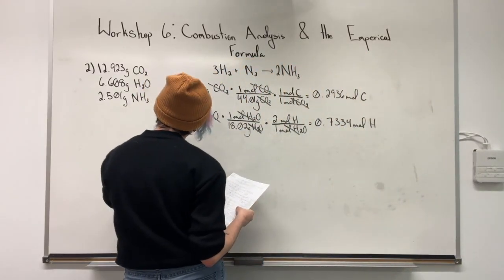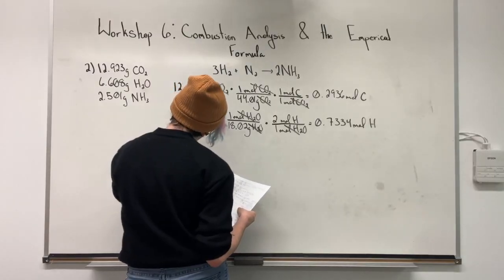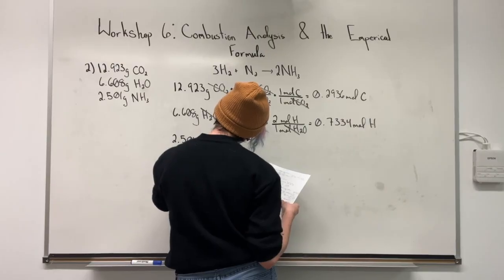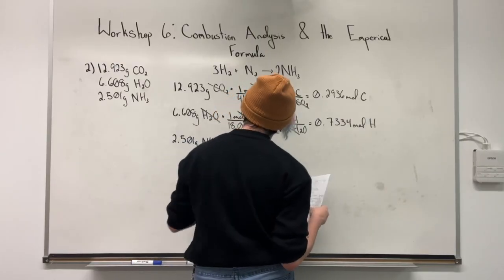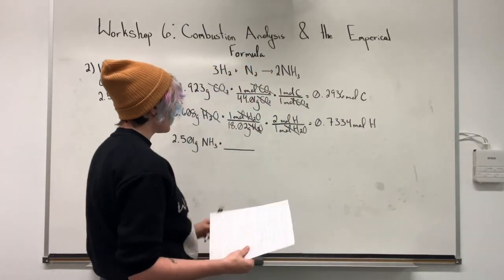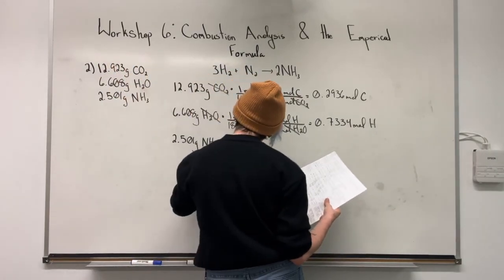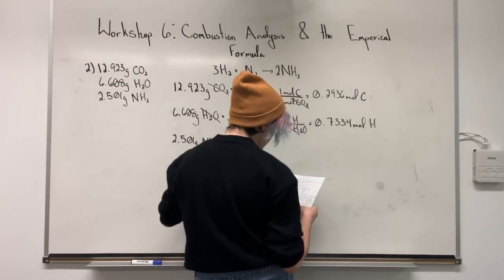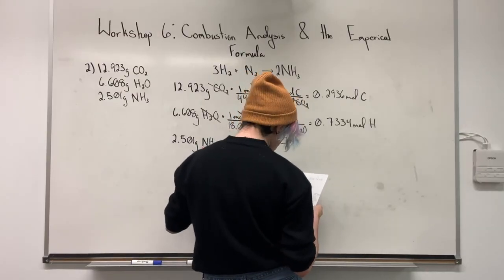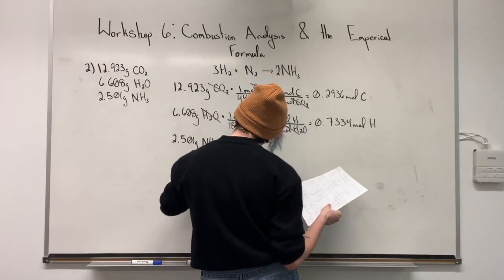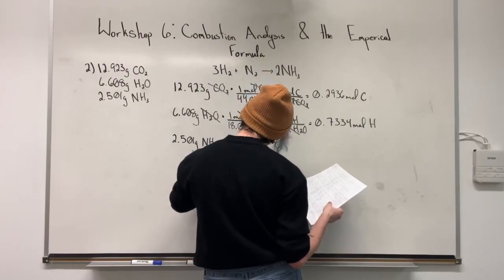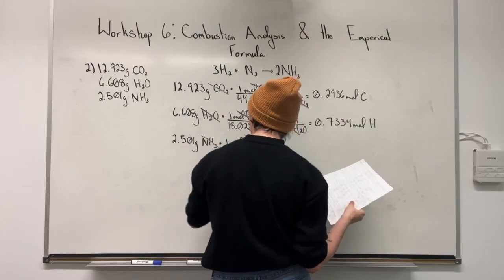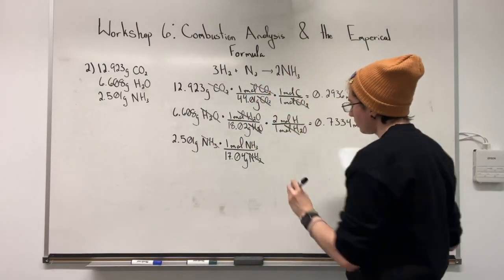So we have 2.501 grams of ammonia. Same as always, we're going to convert to moles first. So knowing the molar mass of ammonia, 1 mole of ammonia is about 17.04 grams, putting the mass in the denominator so it can cancel out.